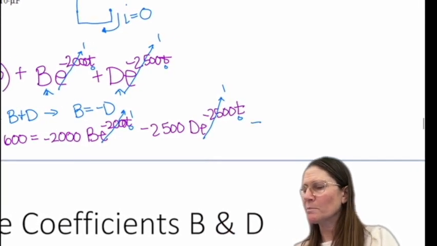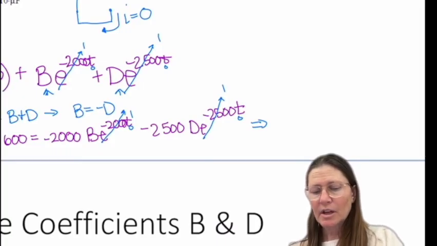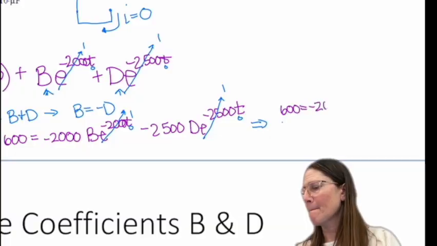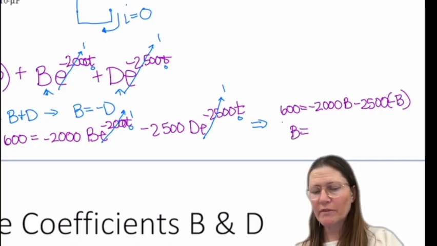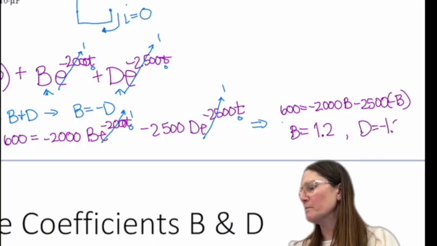And we know that b is equal to minus d. And so we can plug one of those in and solve for one of them. So solving for b gives me 1.2. And then d will be minus 1.2.